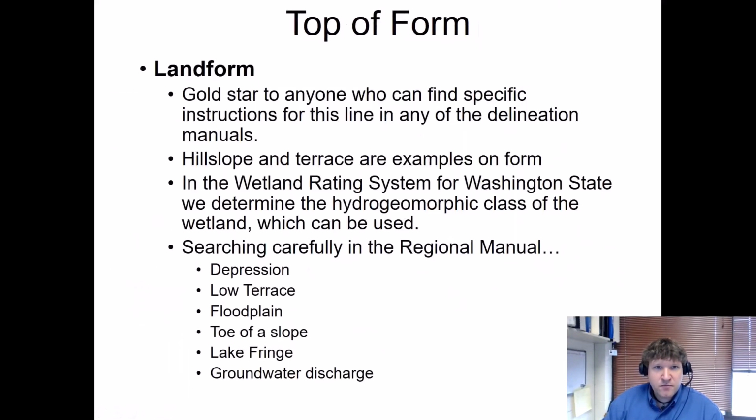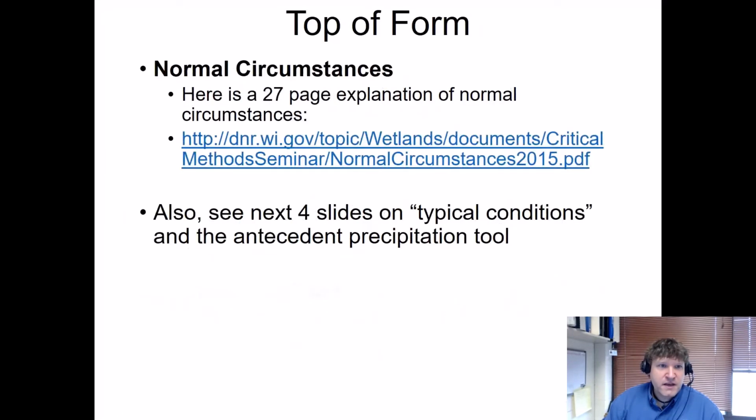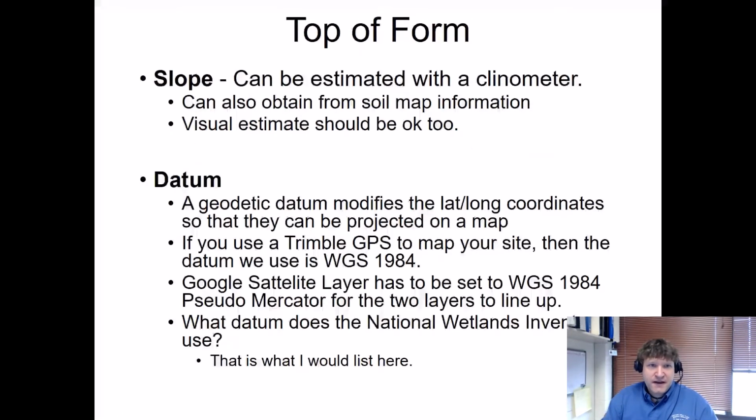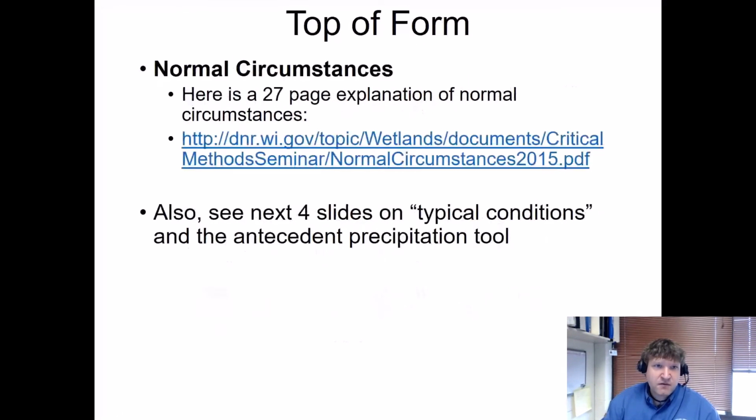So I'm going to skip over those slides that explain other parts of the top of the data form to skip ahead to the normal circumstances portion and then the typical conditions.